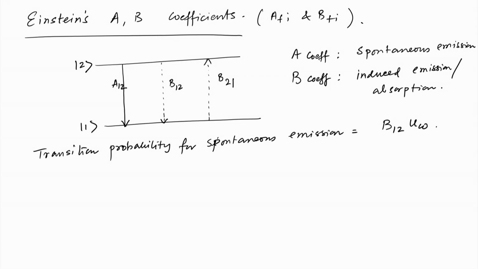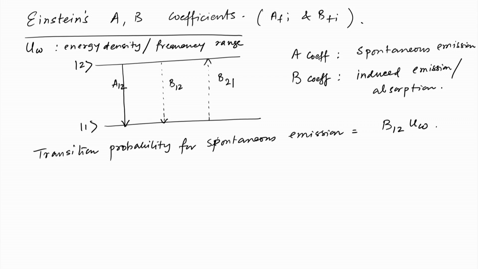Let me just write that u omega is the energy density per unit frequency range, that is, you can say u omega d omega is the energy density between omega and omega plus d omega, which is a better representation.